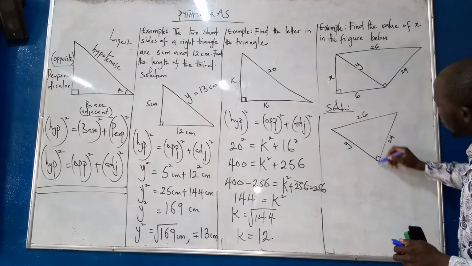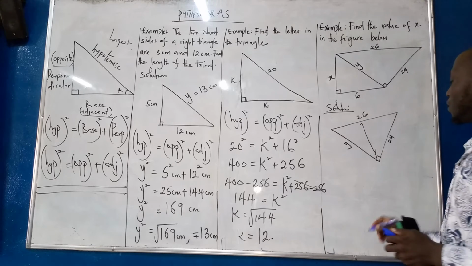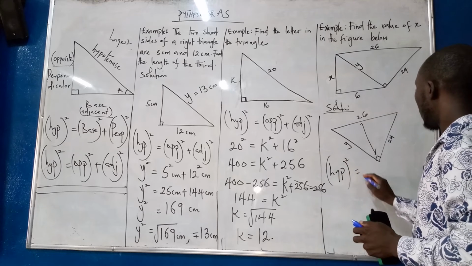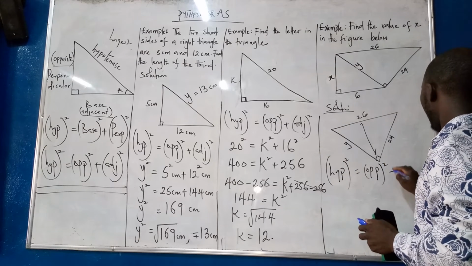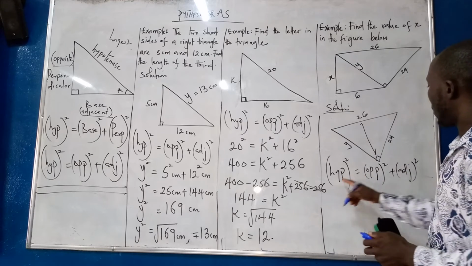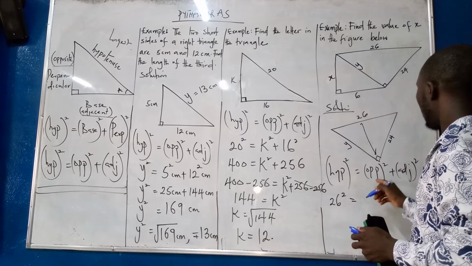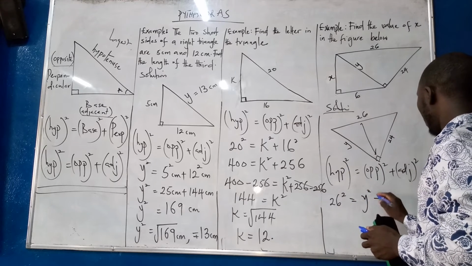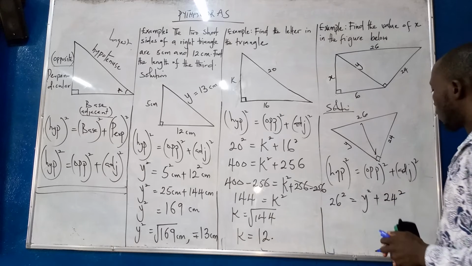The longest side is the one facing the right angle. Therefore, we don't have any problem here. We just say hypotenuse square equals opposite square plus adjacent square. Our hypotenuse is 26, so 26 square equals our opposite, let's take y as our opposite, y square plus adjacent, which is 24 square.